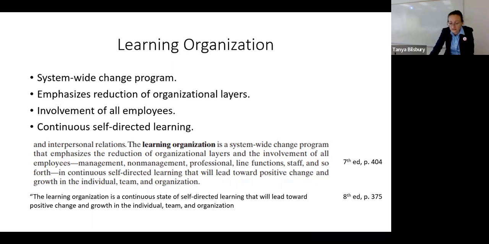Okay, we know OD values flattening organizations and isn't into power differences. That's an OD value. And the involvement of all employees, blah, blah, blah, or OD in general is into employee engagement. So nothing new here yet.